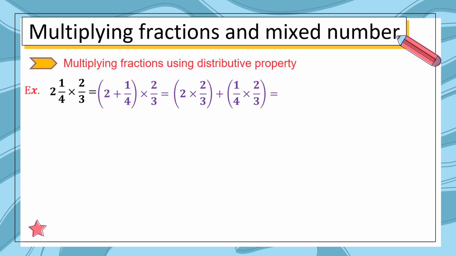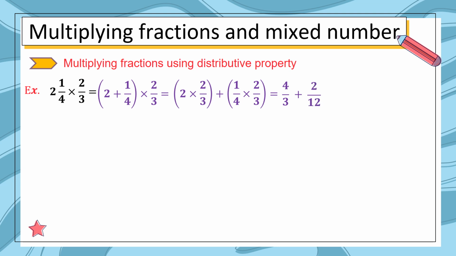Then find the product of each bracket. 2 times 2/3 means 4/3. We said before that any whole number has a denominator of 1, so it will be 2 times 2 and 1 times 3, so it will be 4/3. And the second bracket, we have here 1/4 times 2/3, so it will be 2/12.